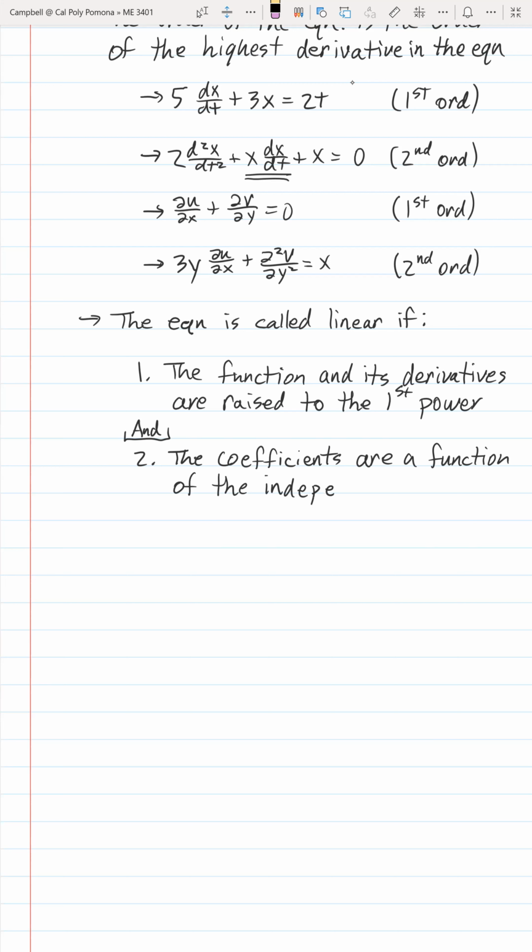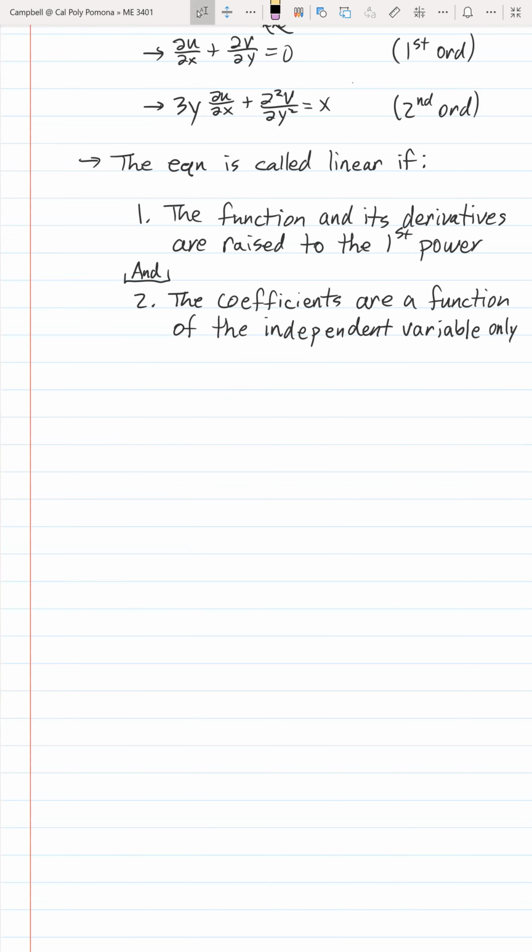So you can see then how this second requirement effectively, if we interpret two things that are multiplied together as one being a coefficient, the other one being a function, we can see that that second description rules this one out, because here the coefficient, i.e. the x, if we want to choose that as the coefficient, clearly isn't a function of the independent variable only. So that would, of course, mean that that particular differential equation is nonlinear.